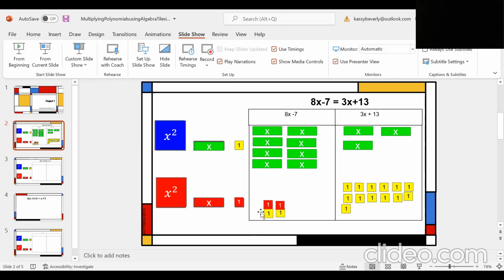All right. And then what we do to one side of the equation, we must do to the other side.